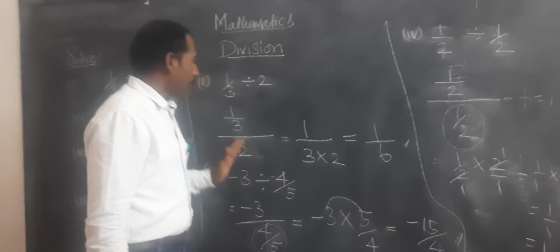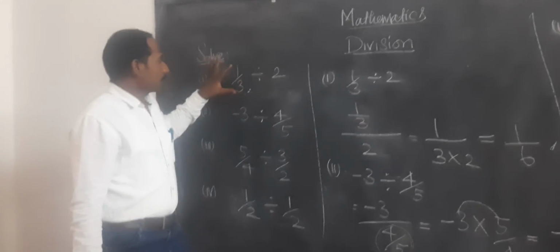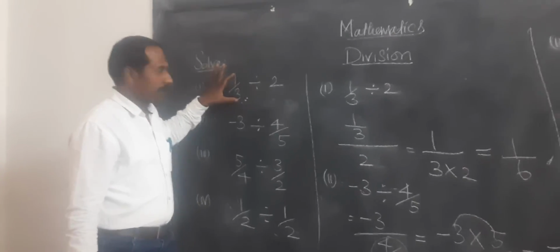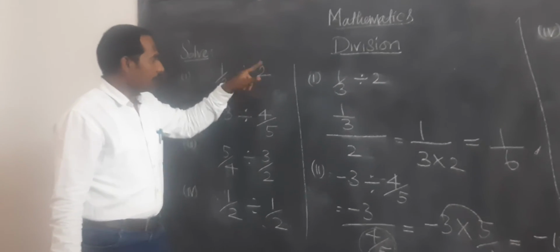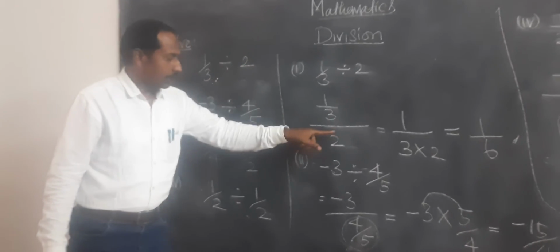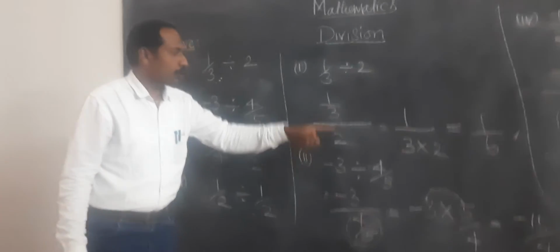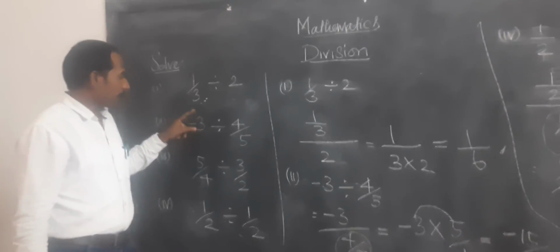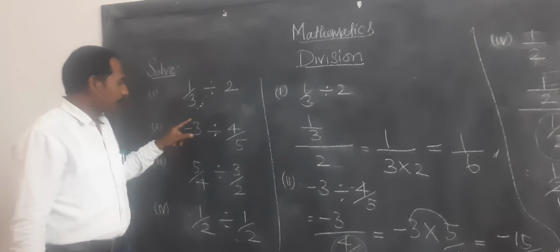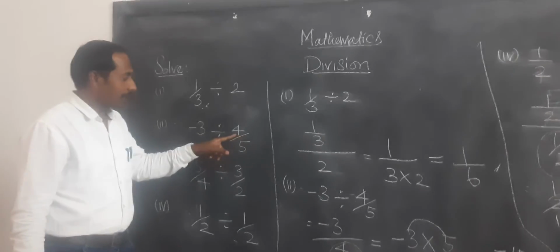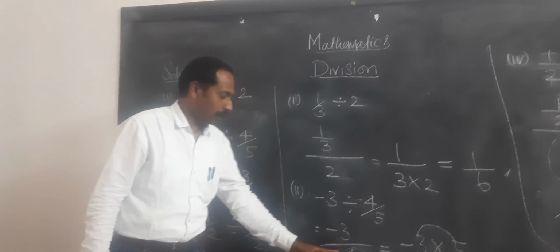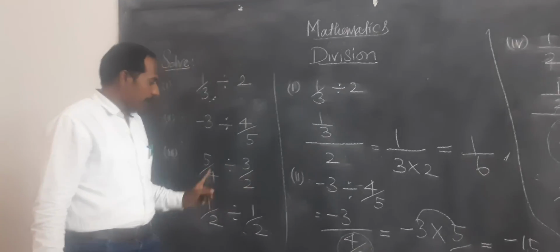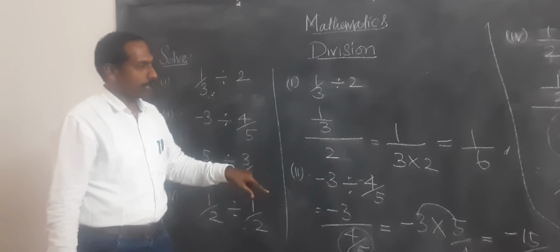What I am teaching you is this: one number is a fraction and one is a real number. If the real number is in the denominator, how do you solve it? This is the first problem. Second problem, the real number is in the numerator but the fraction is in the denominator. How do you solve it? Then the two numbers are fractions in the numerator and denominator.